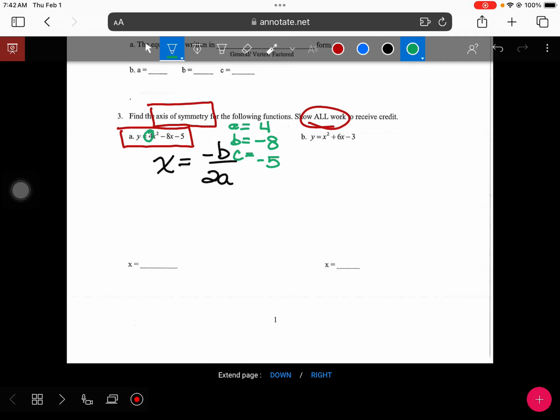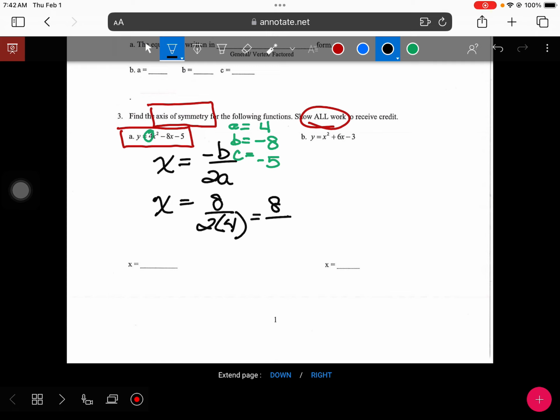Okay. All right. So, good morning. Looking at this, X is equal to, if B is negative 8, what's the opposite of negative 8? Yes, positive 8 divided by 2 times my A value of 4.